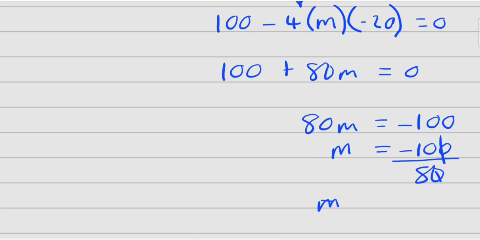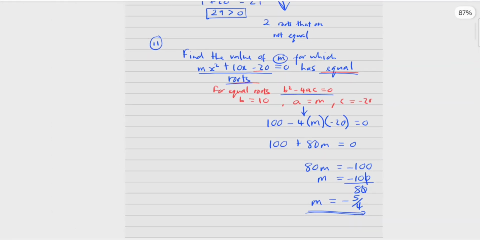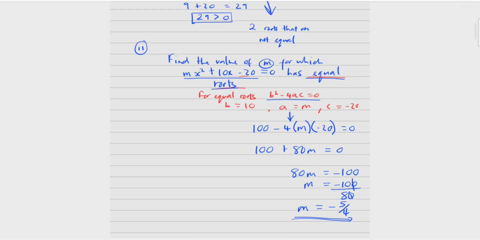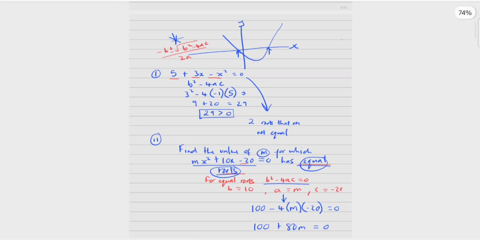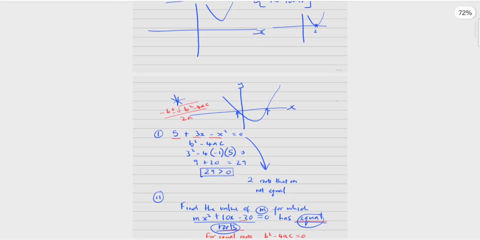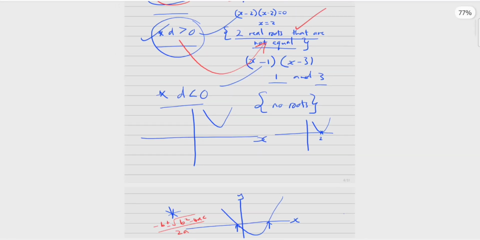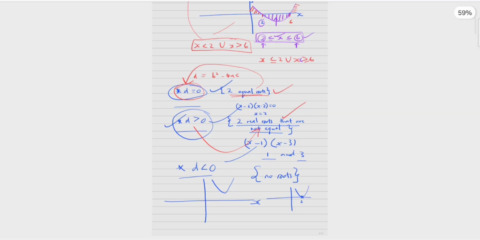And this will give us m to be minus 5 over 4, right? And that will be the value of m. So just be on the lookout. They might give you phrases like these ones where you need to refer back to your understanding of discriminants and the nature of quadratic roots.